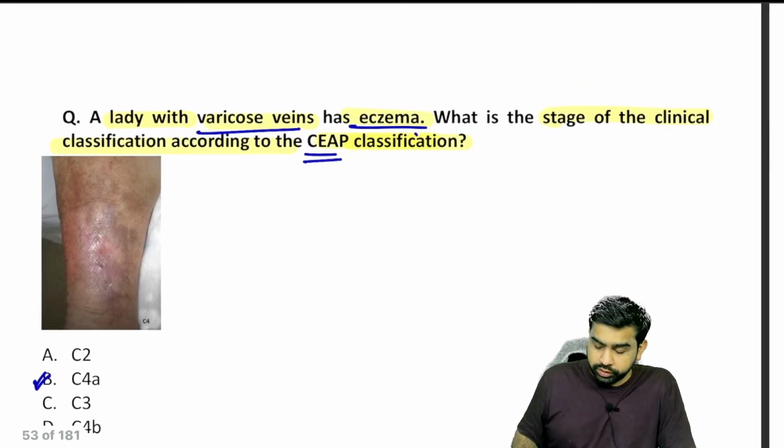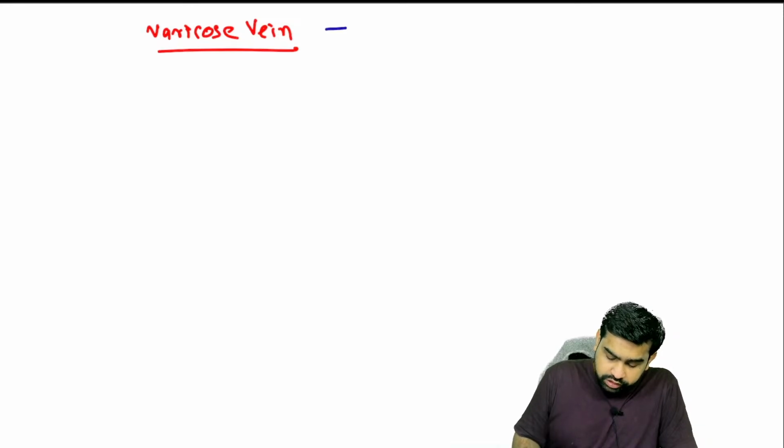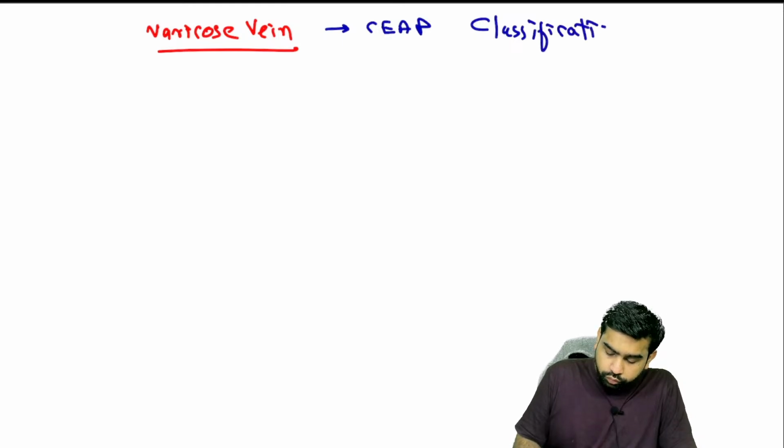This is the CEAP classification in patients with varicose veins. What does the C stand for? C stands for clinical. E stands for etiological.